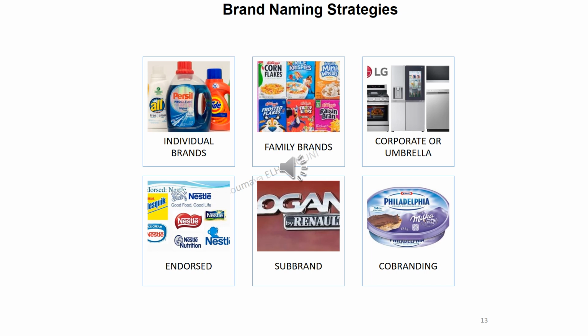For example, Frosties and Choco Pops are brands that are unique to this particular product, but also belong to this family brand, which is Kellogg's.